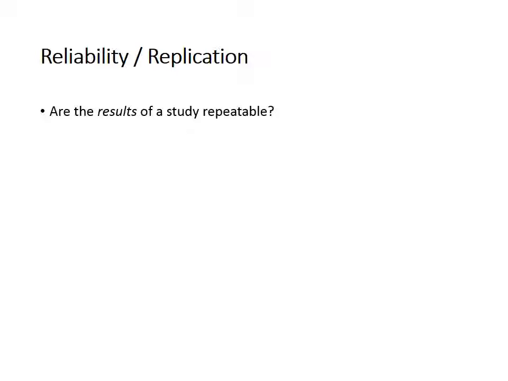Studies in social science, of which education is part of, interpretivist studies, are less replicable. So we need to ensure they are credible from the outset. Is the procedure repeatable? Can we use the same procedure again and again?